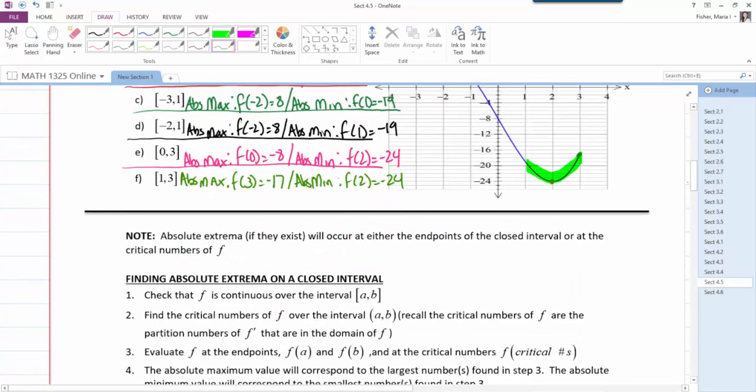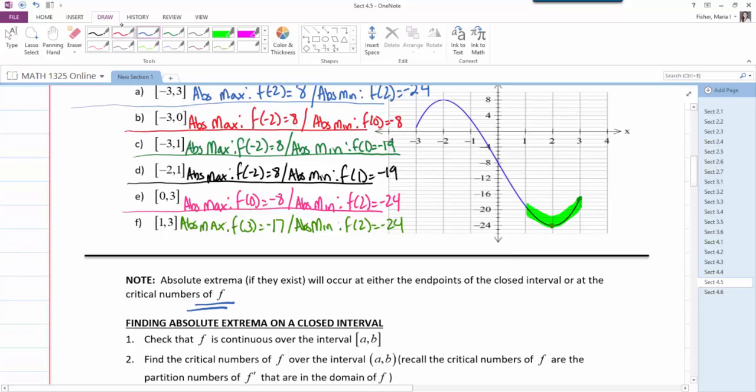So note, absolute extrema can occur either at the endpoints, like here we had a max at an endpoint, or at what's known as a critical number of f. Well, why is it occurring at a critical number of f? Well, recall, what are critical numbers?